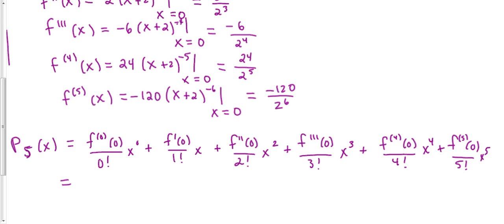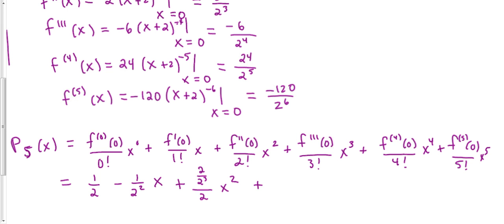And the 0th derivative evaluated at 0 was 1/2. And of course, 0 factorial is 1. My first derivative evaluated at 0 was negative 1 over 2 squared. 1 factorial is 1. I'm going to multiply it by x. My second derivative evaluated at 0 was 2 over 2 cubed. 2 factorial is going to be 2, and I'm going to multiply that times x squared.